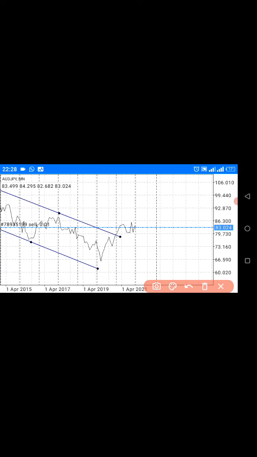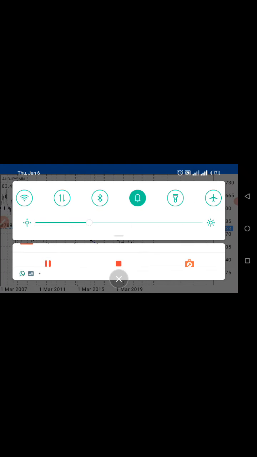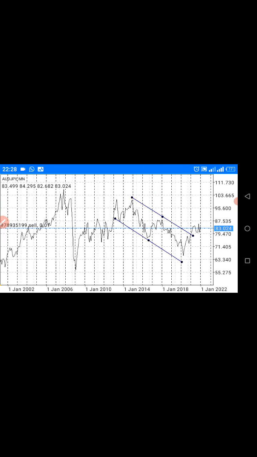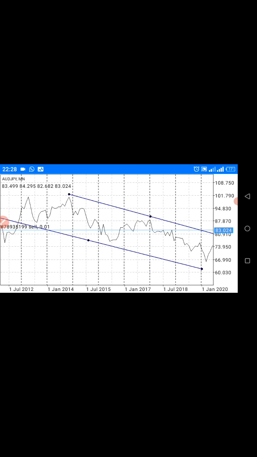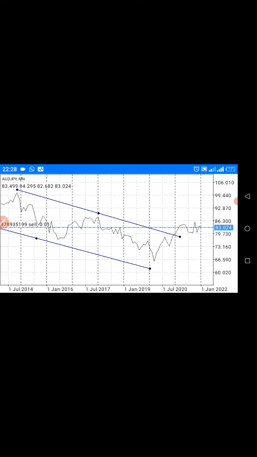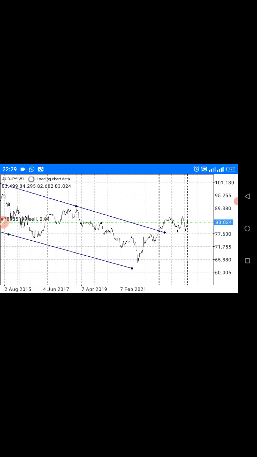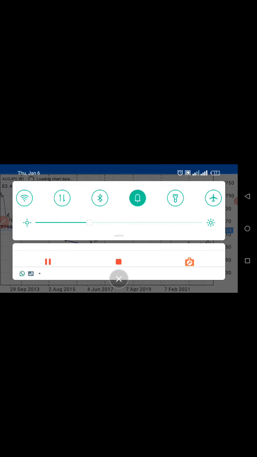Once you break out here, we have a double touch here. You can see it. We have a double touch there before the breakout. Let's go to weekly charts. Maybe we may find another again.